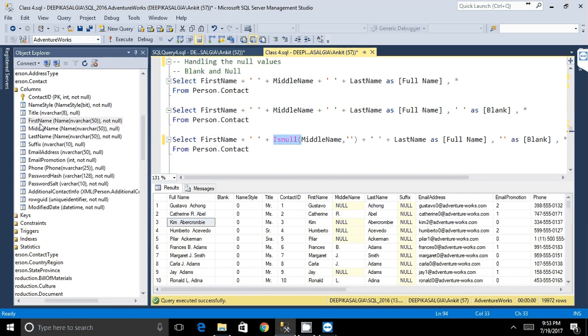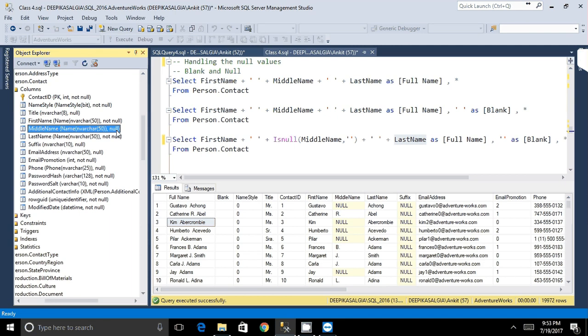Because what does it say on the database? If the first name is not null, it means you're never going to have a null value for this column. If a person tries to leave it blank, it won't allow. So do you need to handle the first name and the last name? No, because both of them are not null. Only a null value is allowed for the middle name. So that's the only one you have to handle.